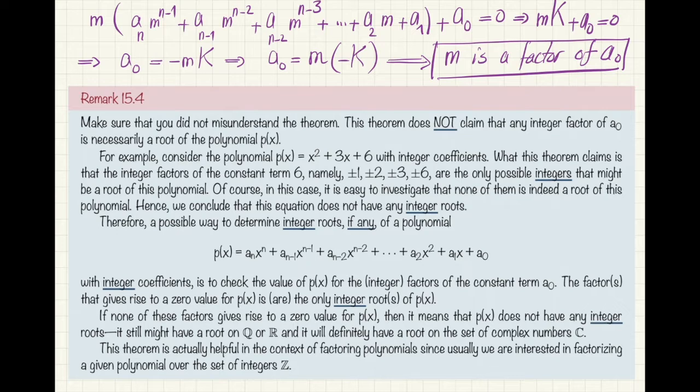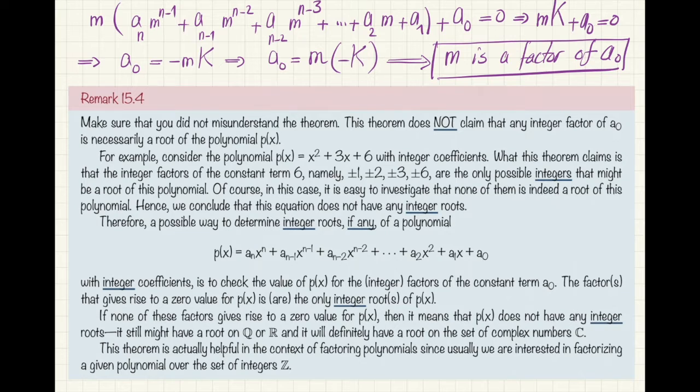Okay, so let me just explain it here. Therefore, a possible way to determine integer roots, if any, there is no guarantee that we have integer roots, of a polynomial like this, is that we go and find all integer factors of a0 and start checking them one by one in the polynomial. If you get 0, this means that that integer number is a root.